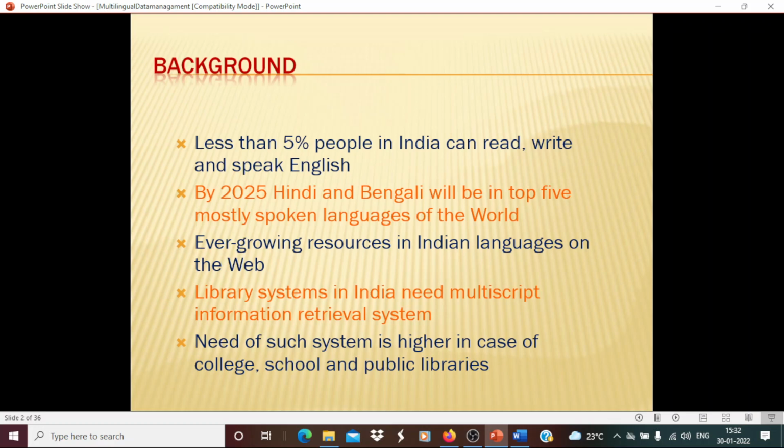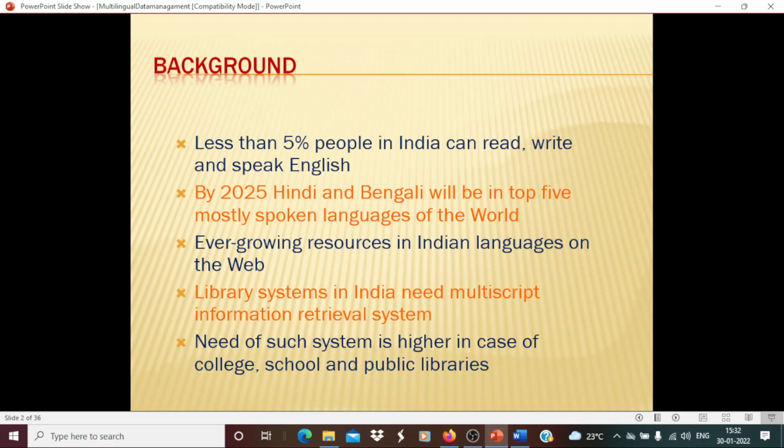So resources in Indian languages are increasing. If you go through different language versions of Wikipedia like Hindi Wikipedia, Bengali Wikipedia, Gujarati Wikipedia, you can observe this particular trend. Library systems in India need a multi-script information retrieval system so that people can search in their own native language. They can have a virtual keyboard attached with the system, and they can search, and your library system must respond to regional language searching, therefore your system must be Unicode compliant.